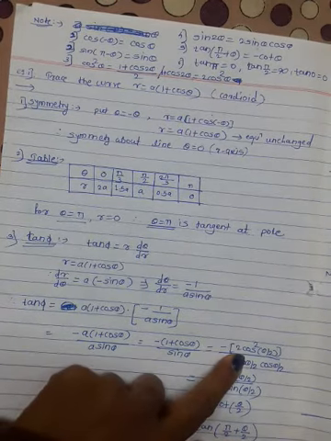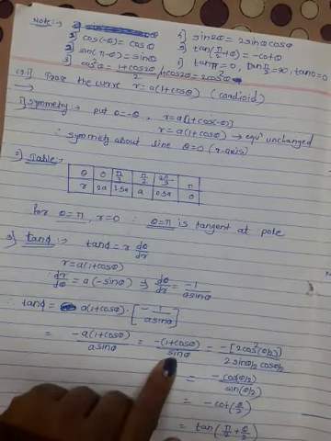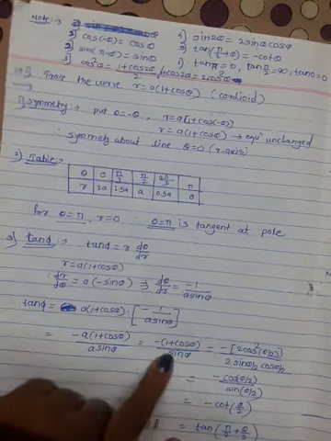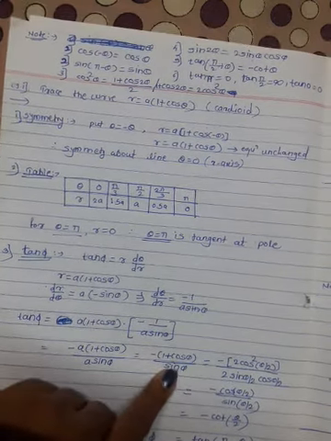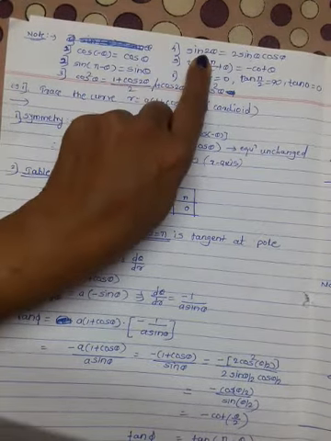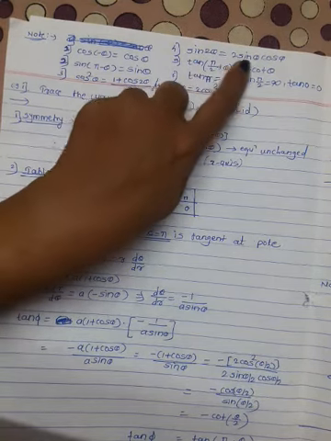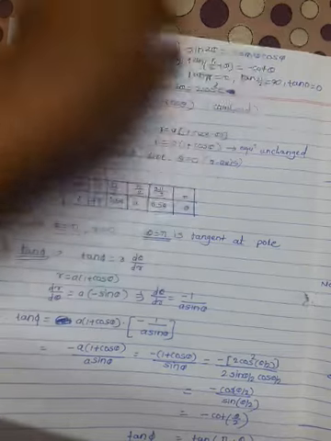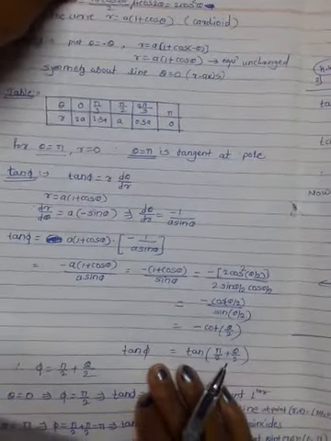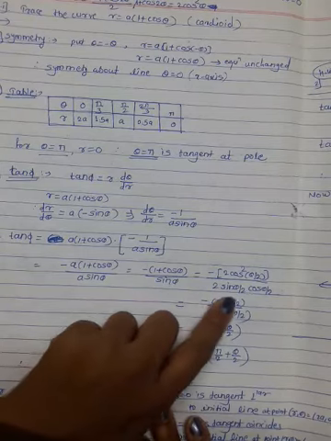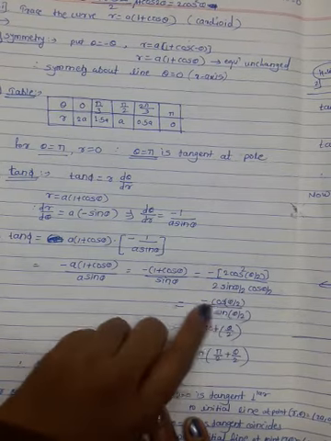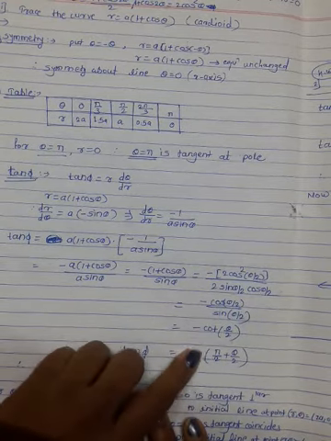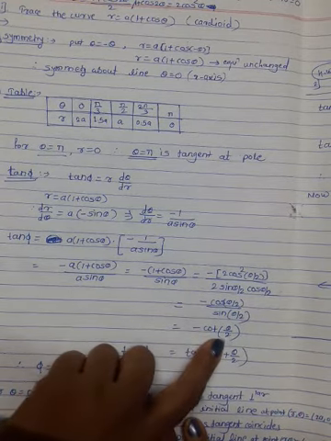Okay, this is the formula: 2 cos square theta by 2. Now sin theta. In the numerator the angle becomes half, that's why in the denominator also we want to make the angle half. What is sin 2 theta? 2 sin theta cos theta. That's why sin theta becomes 2 sin theta by 2 cos theta by 2, half the angle. Now cancel out this 2 and one cos gets cancelled. Minus cos upon sin, the angle is the same. The answer is minus cot theta by 2.